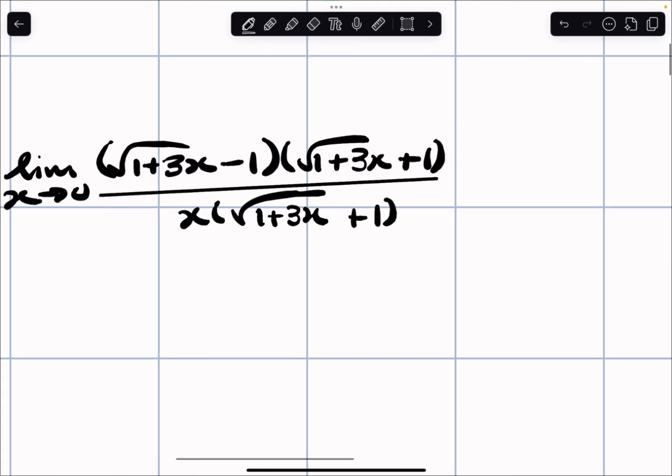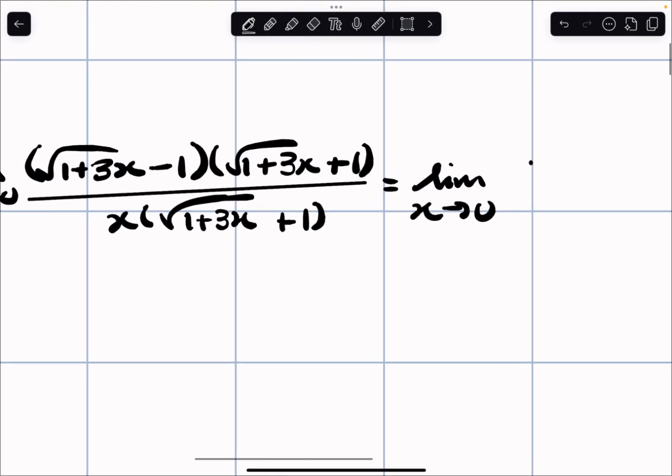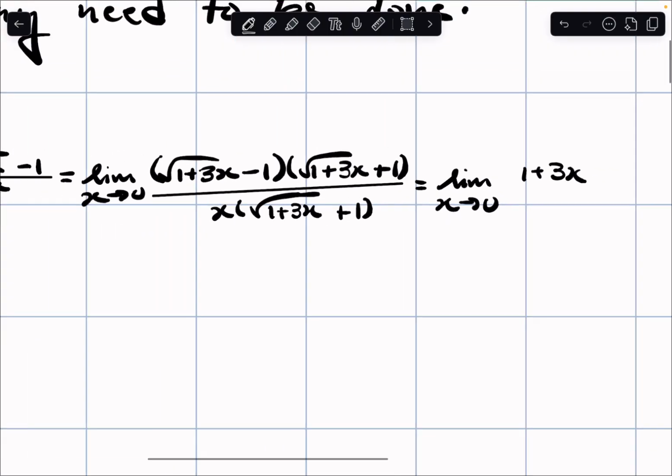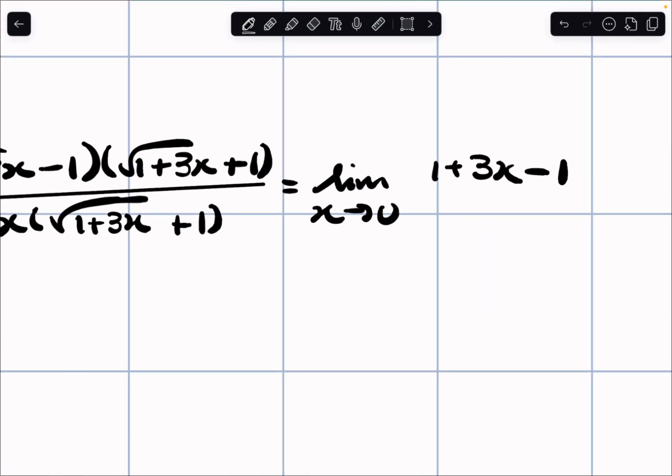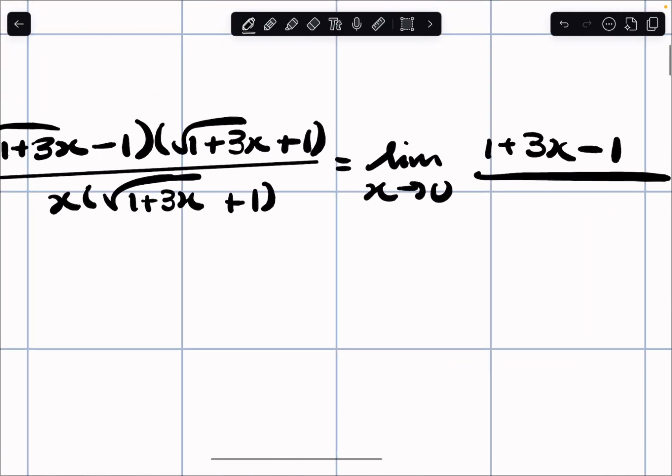And then we're going to multiply the top out. So this square root of 1 plus 3x times the square root of 1 plus 3x is 1 plus 3x. And since it's a difference of squares, we don't have to multiply the two inner terms. It's going to be minus 1. And then x, and the square root of 1 plus 3x plus 1.